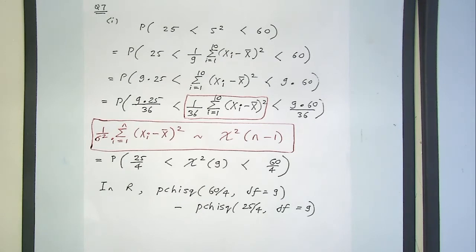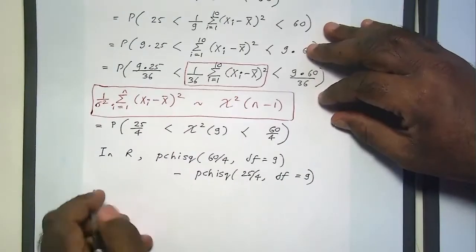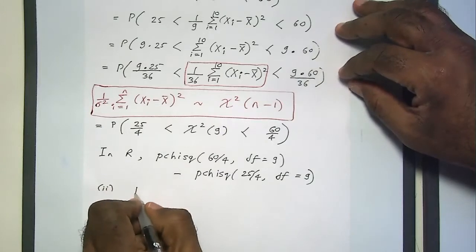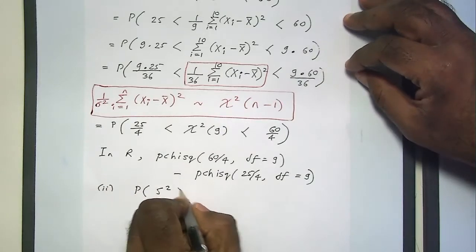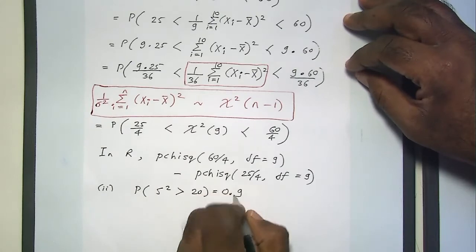Listen guys, please. So part 2 is to find n, so the probability that s squared is greater than 20 is equal to 0.9.